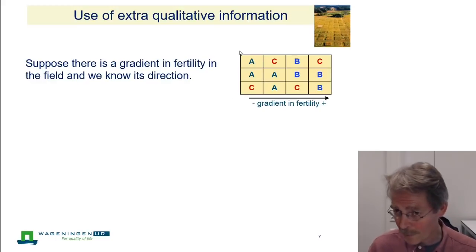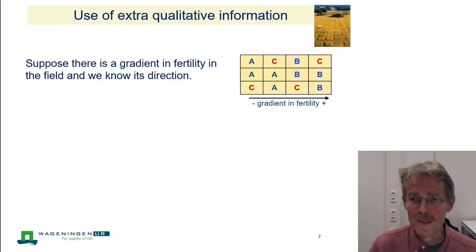Now this is the result of randomization, but if you look at it, you start getting worried, because A is on this side, mostly on the dry plots, when there is a canal here, and B, on this side, closer to the canal, is on the wet plots.